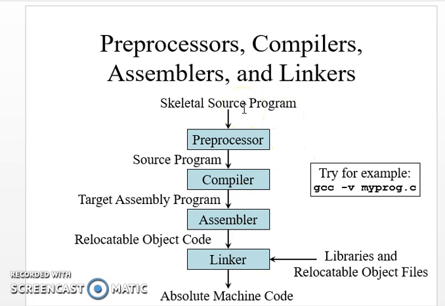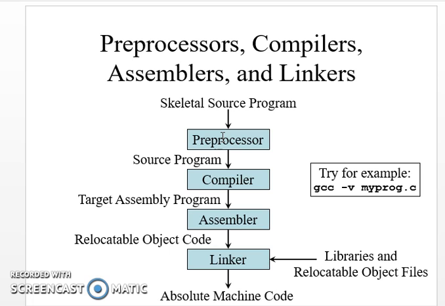First, the source program is given as input to the preprocessor, which processes preprocessor statements like hash include, hash define, hash if. That program is given as the input to the compiler, and then the compiler generates the target program.